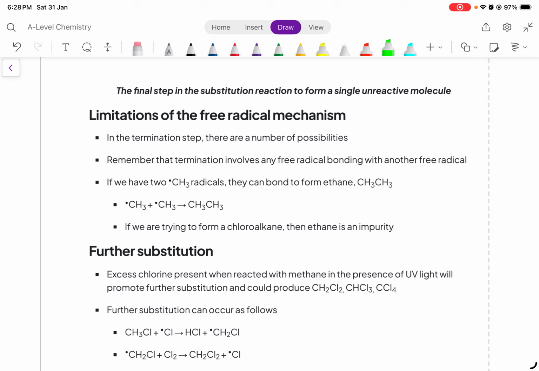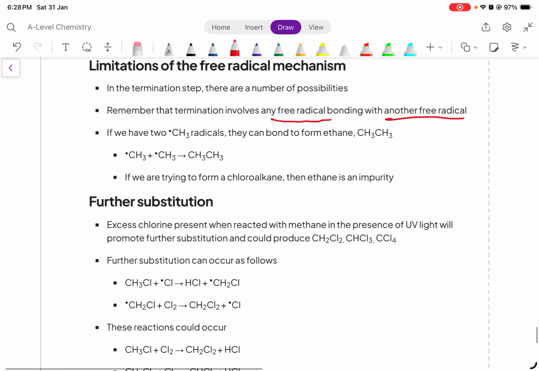It must involve a free radical bonding with another free radical. This is the termination condition.